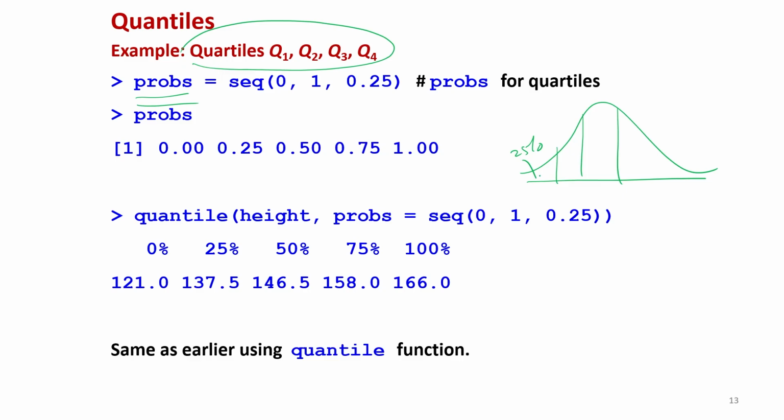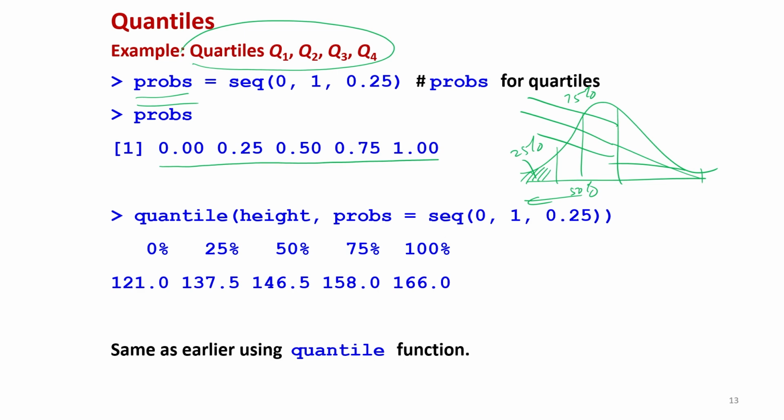The first partition will have 25% of the data, the second 50%, the third 75%, and the fourth 100% of the data. So I can create a sequence like 0.00, 0.25, 0.5, 0.75 and 1.00.